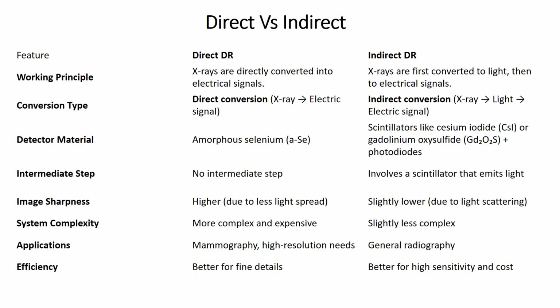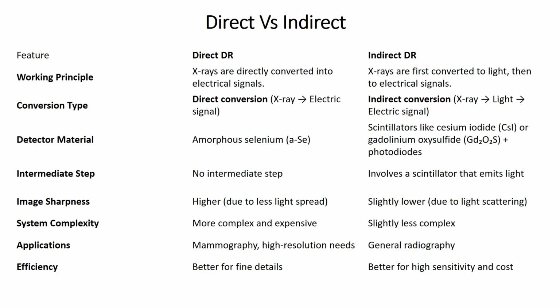System complexity: direct is more complex and expensive. Indirect digital radiography is also expensive, but compared to direct, it is slightly less complex, or less expensive.